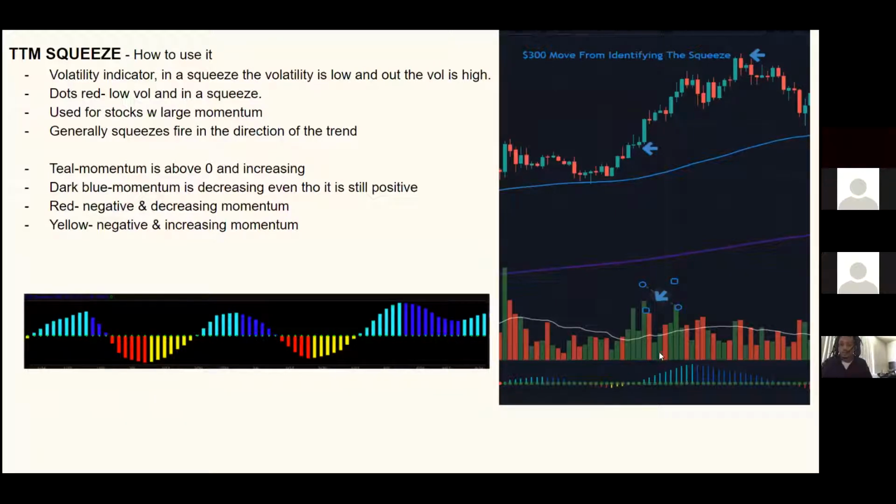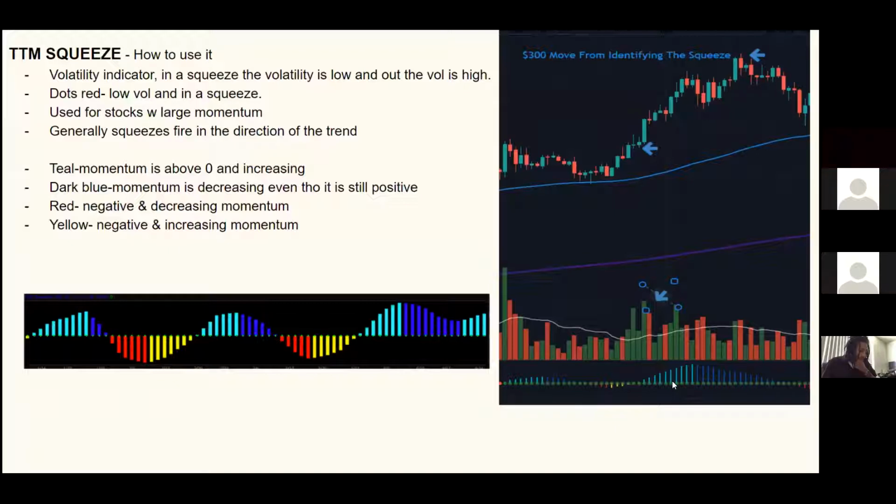So try to hold, it basically allows you to hold longer, if that makes sense. What does firing mean? It'll look a lot better when I show you actual examples, but it's when it goes from red to green, basically.